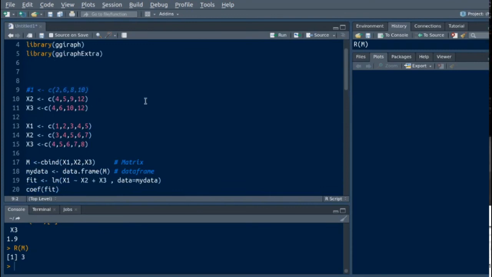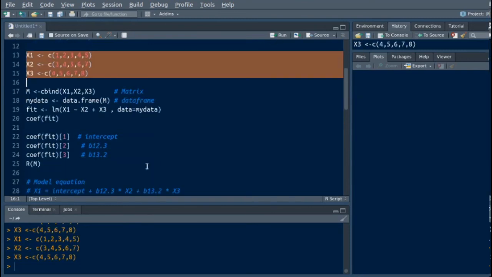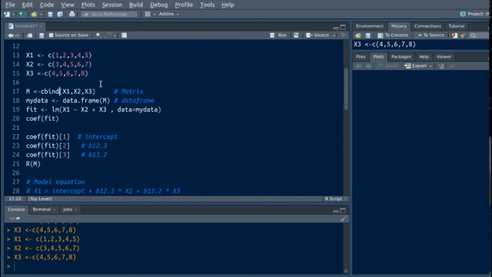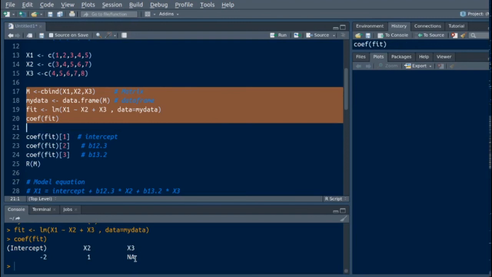Let me show you what I mean by that. Now I have changed these variables. I've taken these variables, and if I run the same thing here in the matrix, and let us run this whole program itself, I get the coefficient as NA.